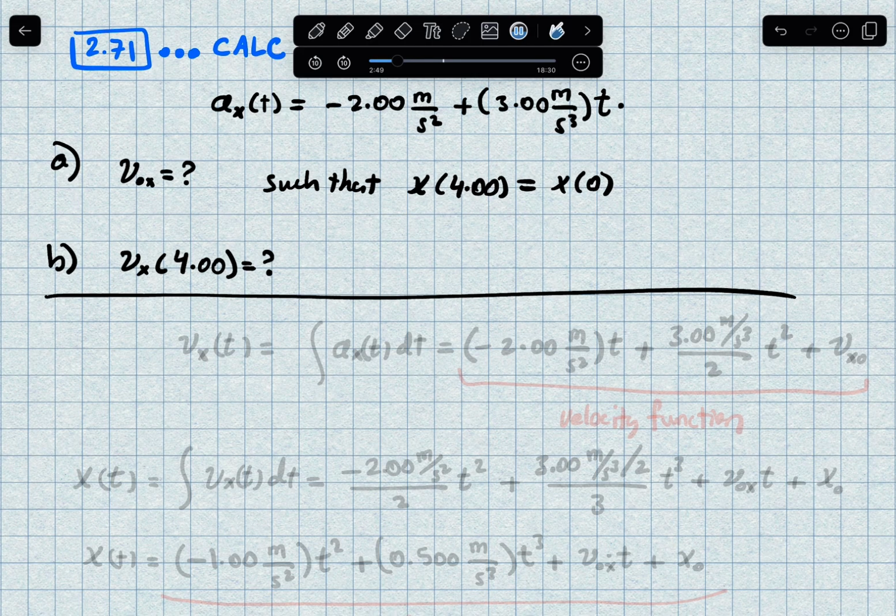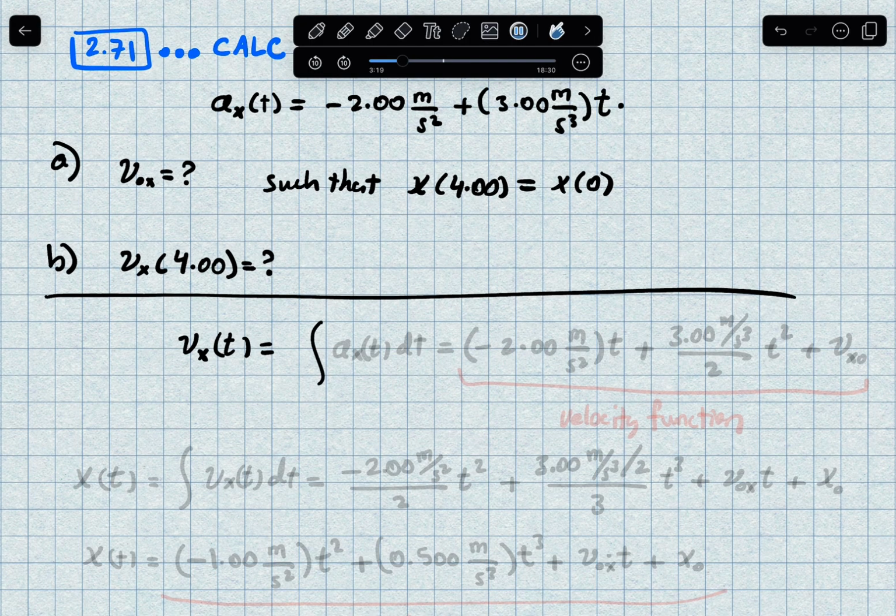I have an equation for acceleration and I can use derivation to find the velocity version of this equation. Actually, it's not the derivative of acceleration, it's the integral of the acceleration.